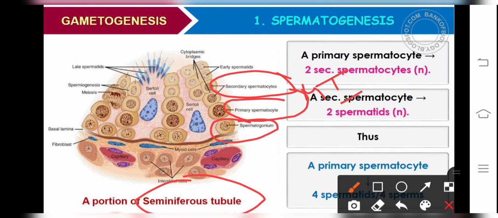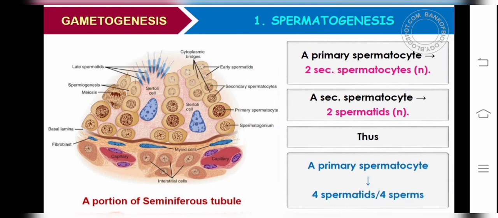After that it undergoes meiosis second to form haploid spermatids. Okay, so these are the heads of spermatids. Can you see this? They will be embedded in the Sertoli cells. Later they will be released from the seminiferous tubule and this process is called spermiation.